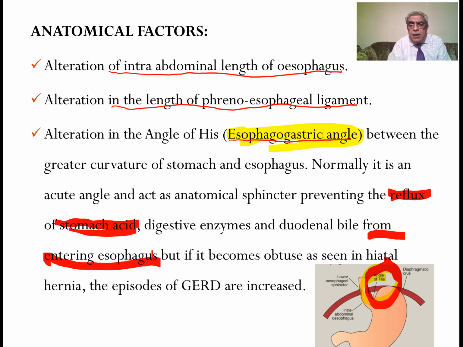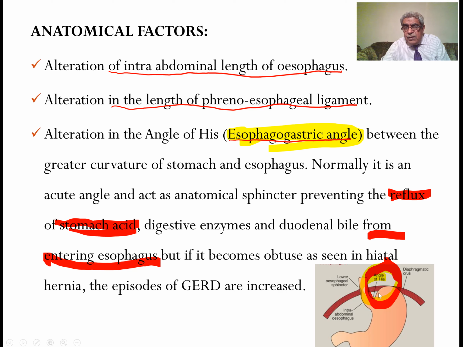But when it becomes obtuse, that is, this angle is more than 90, or the angle is disturbed, as seen in hiatal hernia, the episodes of GERD, that is gastroesophageal reflux disease, are increased.